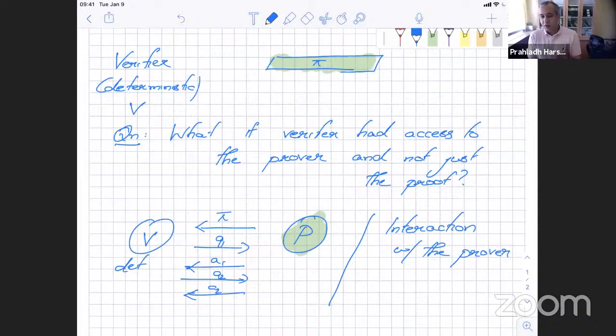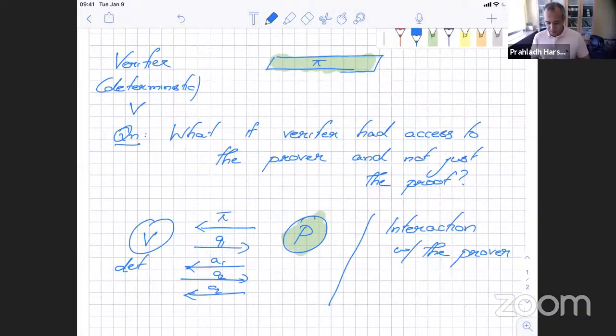Certainly if your role model is out there, you don't just want to get a piece of text from them. You actually want to have a conversation with them and get more out of them. Usually this is useful, and we would like to understand whether it is really useful here: can I get more out of having an interaction with the prover rather than just getting the proof?